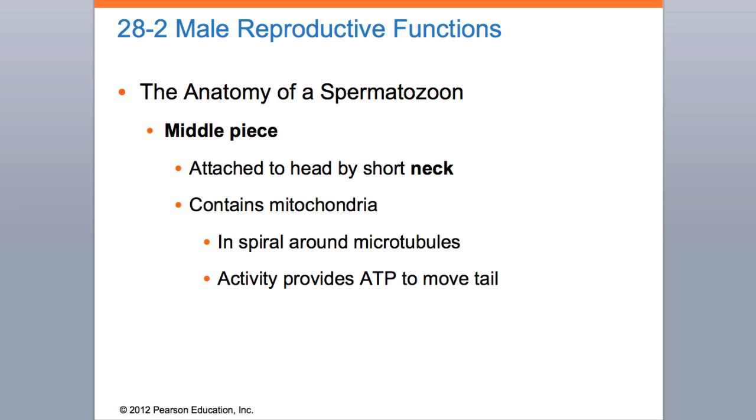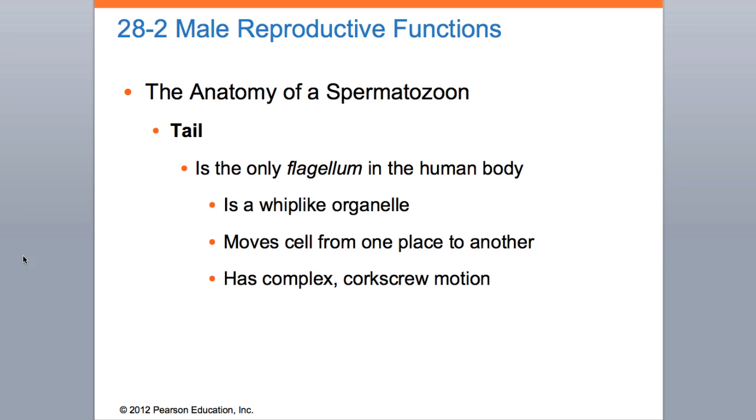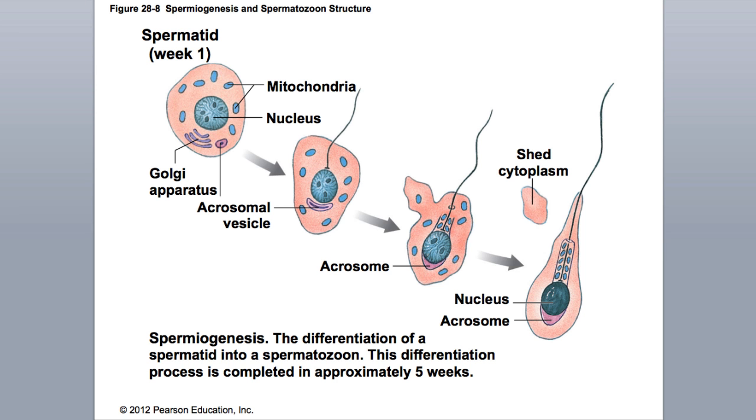So the energy source will be fructose to help produce ATP by way of this mitochondria. Next slide. Here's the tail that we've mentioned. So the tail, the flagellum. And here's a picture of one on the next slide, page 1041.